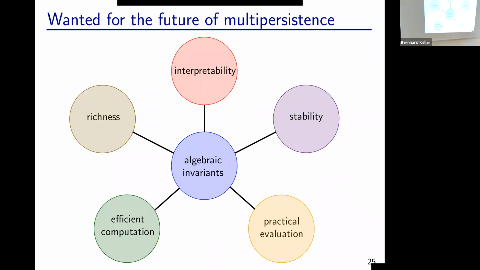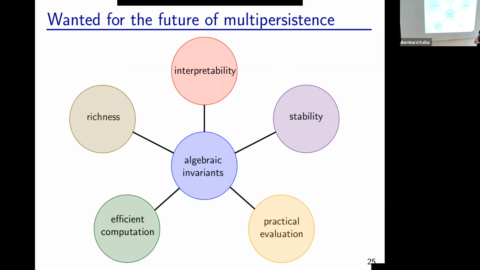To conclude, as you may have seen now, the question of multi-parameter persistence can really be attacked from different points of view. What I would recommend to any of you who might be interested in contributing is that whenever you come up with your own invariant, you have to keep in mind these 5 aspects. Of course, you want the invariant to be as rich as possible, capturing as much of the structure of the module as you can.